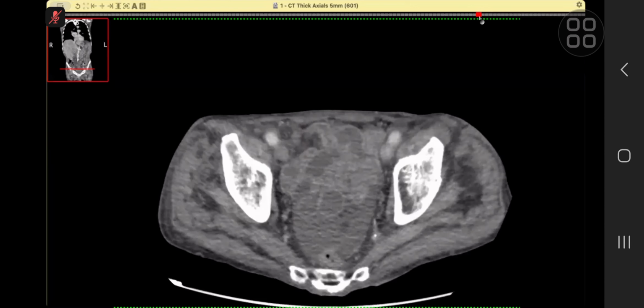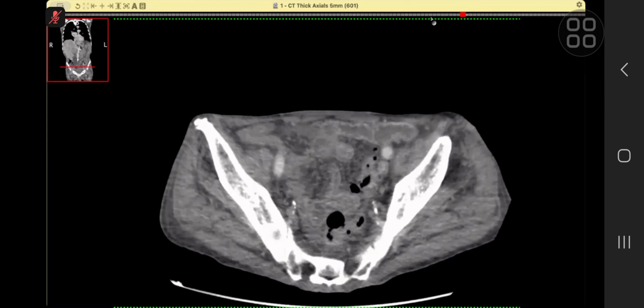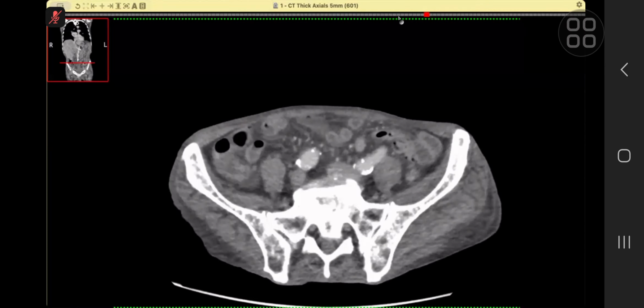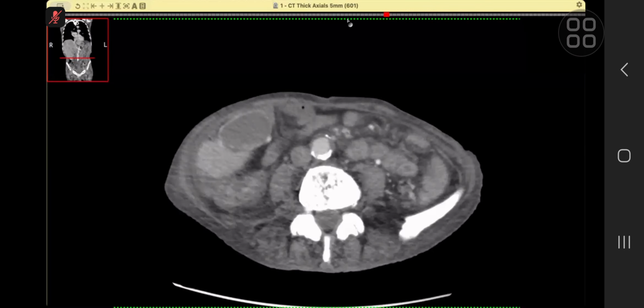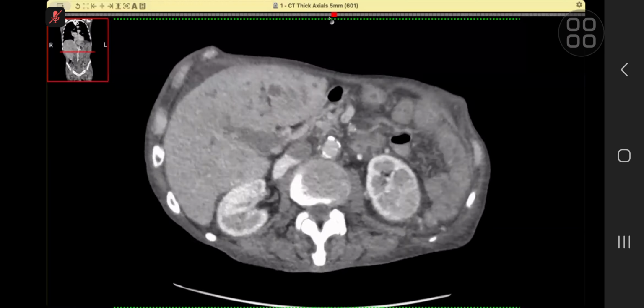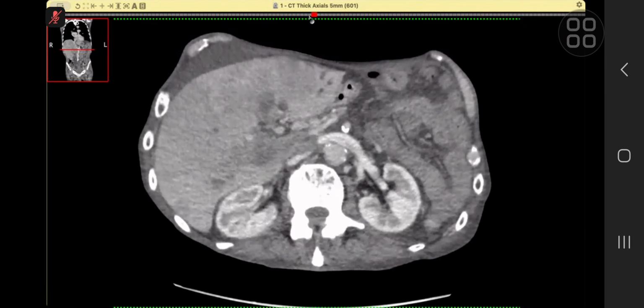So the right external iliac and common iliac veins appear distended, as well as the IVC. It appears distended, and there is absence of contrast opacification of the IVC, suggestive of thrombosis.